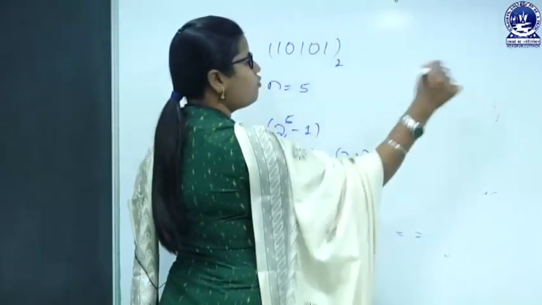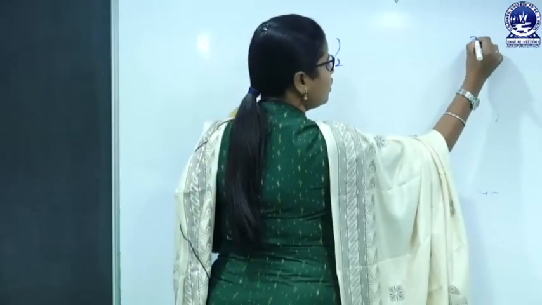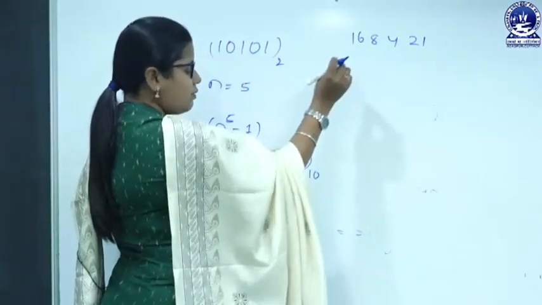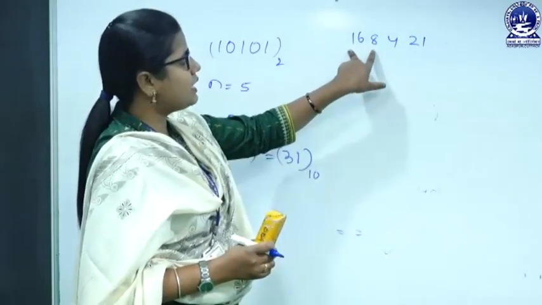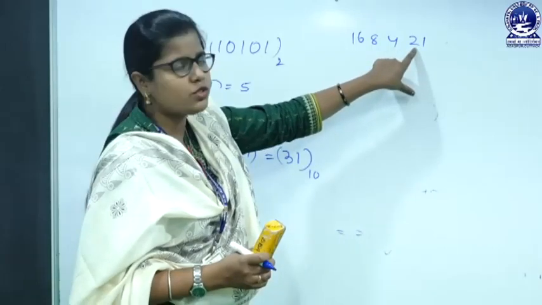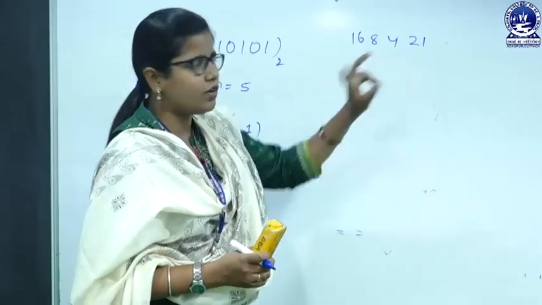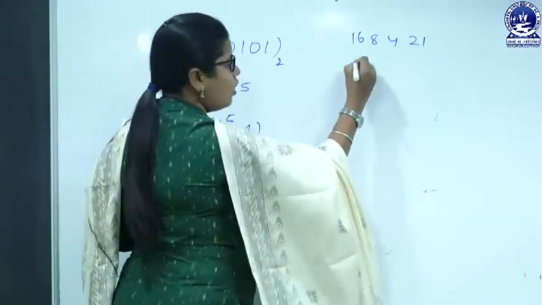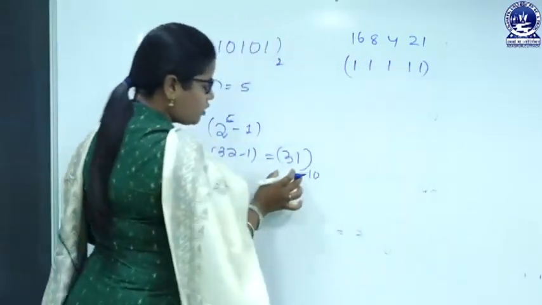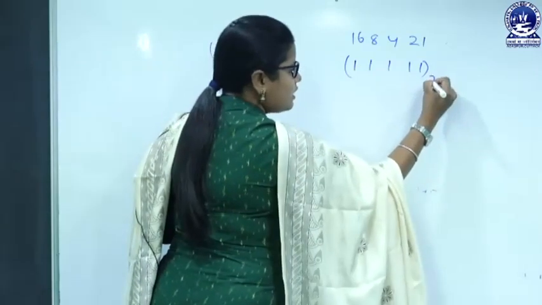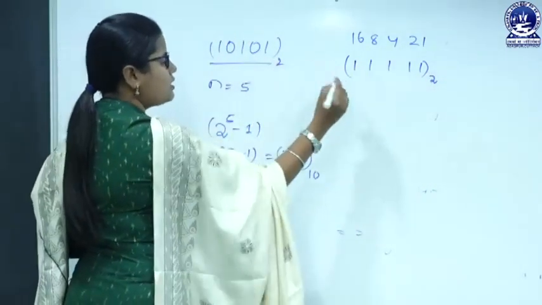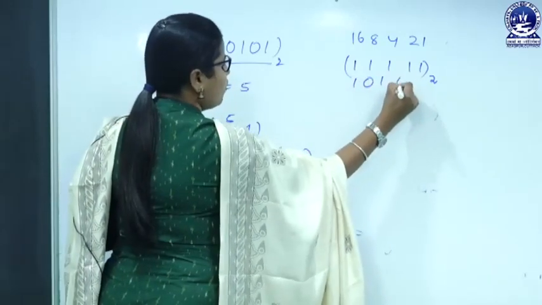If I go by the column positions 1, 2, 4, 8, 16: 16 plus 8 is 24, plus 4 is 28, plus 2 is 30, plus 1 is 31. So all column positions should be 1. So this is equivalent to 31, base 2. Now we have to subtract this from this. So 1, 0, 1, 0, 1.